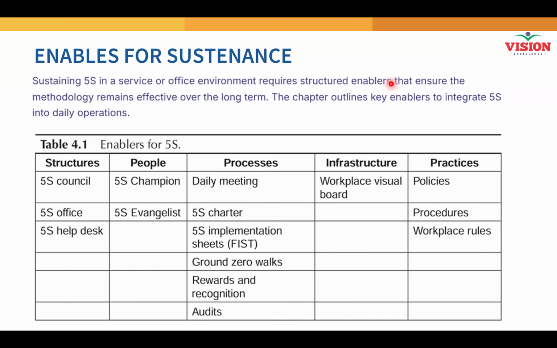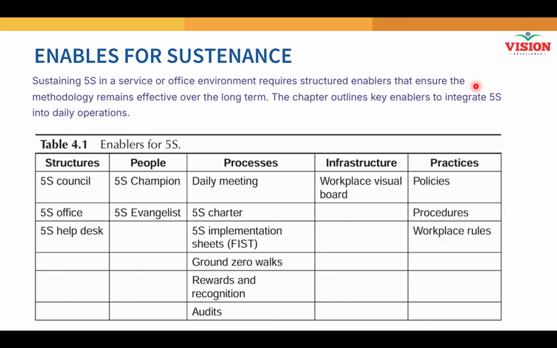And similarly, a lot of visual boards and dashboards. You can even identify a designated area and keep a big display of information related to the 5S implementation. So these are all the factors which will decide the successful implementation.